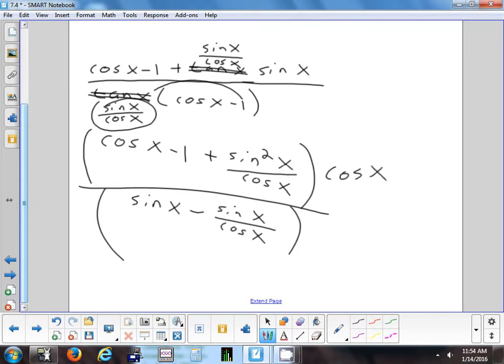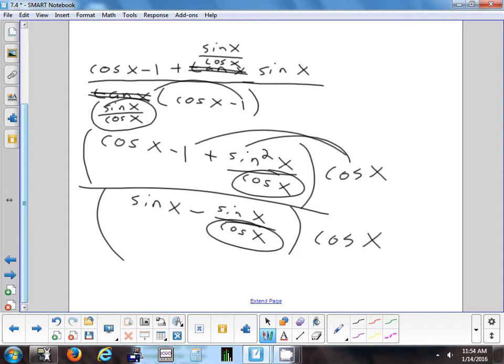And how about in the bottom? My only reason for doing that is I don't know where this is going to lead me, but I really don't like this, and I don't like that. So maybe if I get rid of it, I'll end up with something that I can work with. Okay, so we need to do that.